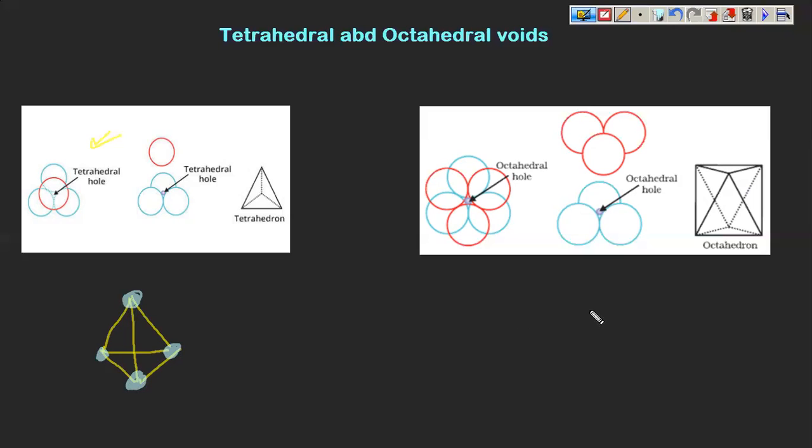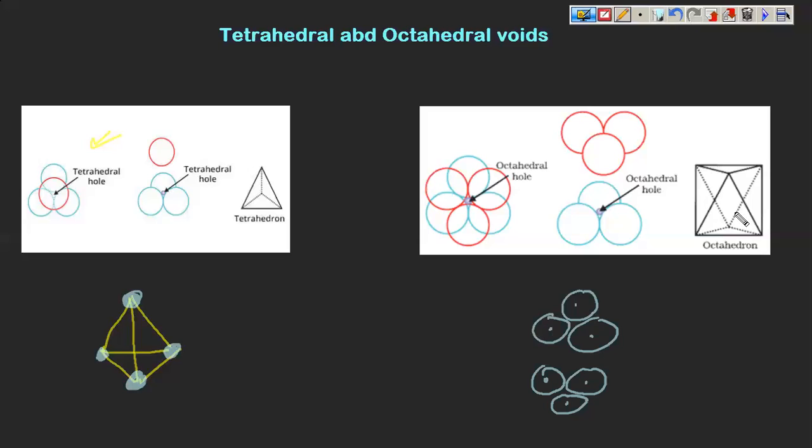An octahedral void is covered by 6 different particles. 3 in the above layer and 3 in the below layer. Like this, 1, 2, 3. The void which is formed here by joining the centers of the particles is an octahedral void.